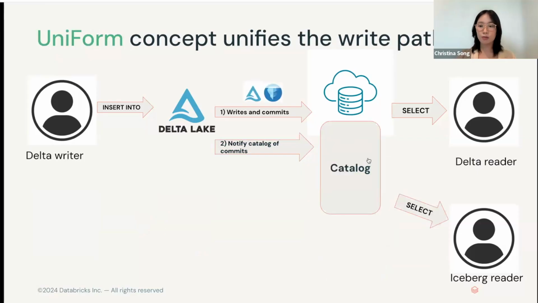And so with Uniform, you can simply combine those steps into a single flow, avoiding the mostly duplicated work. So a write to Delta Lake generates commits and metadata for both Iceberg and Delta, and then we push the information to the catalog, which then both Delta and Iceberg readers can query.